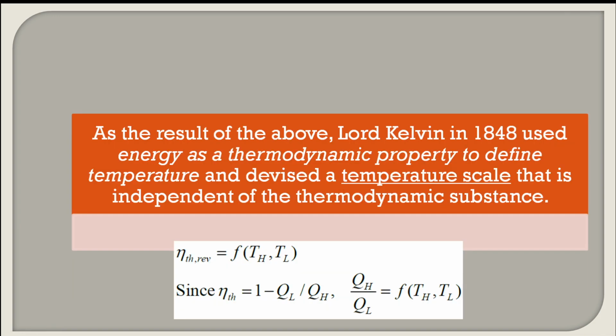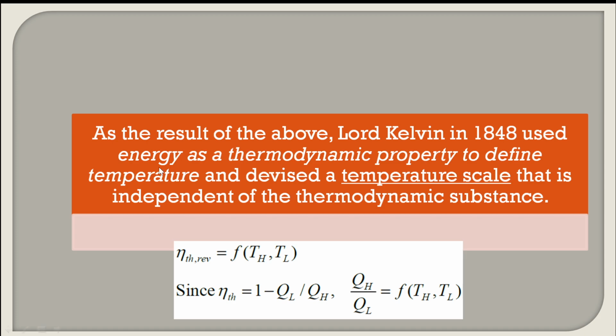As a result of the above, Lord Kelvin in 1848 used energy as a thermodynamic property, which we have already seen in the first law of thermodynamics, to define temperature, and devised a temperature scale known as the thermodynamic temperature scale.